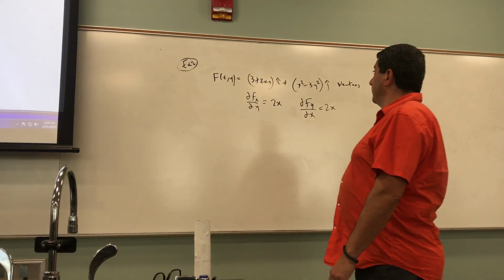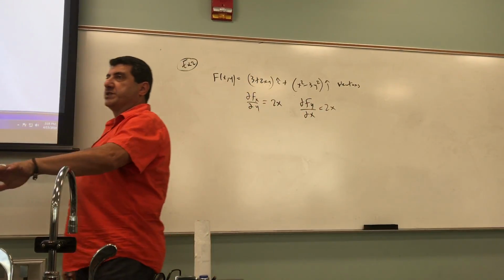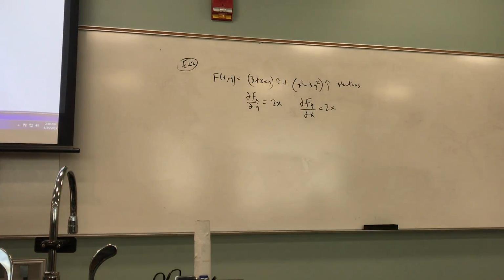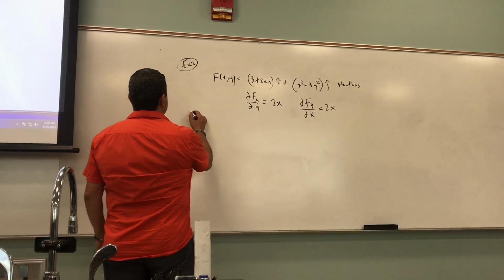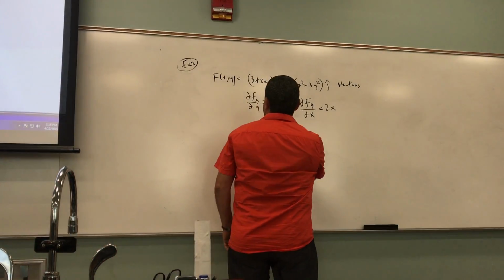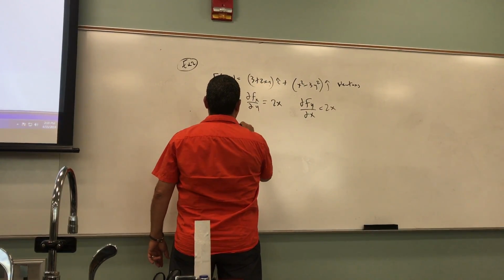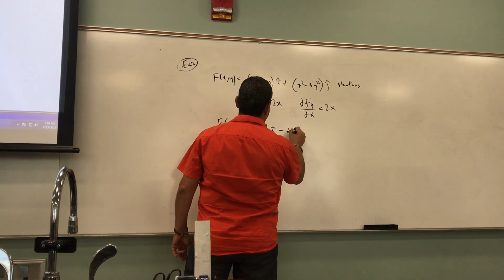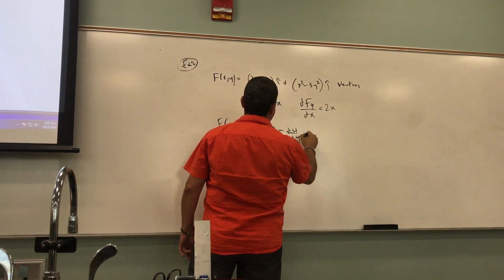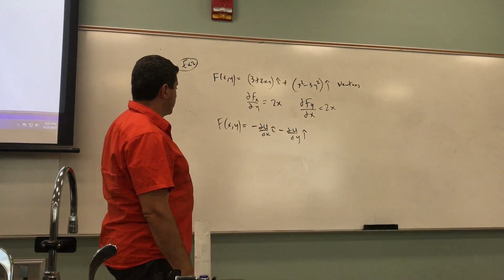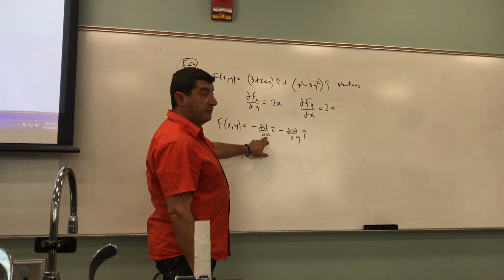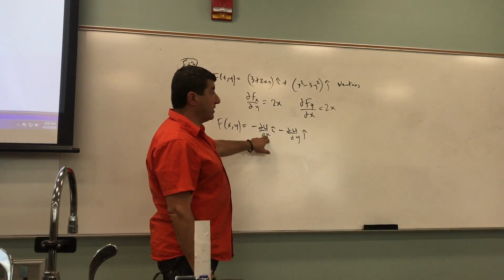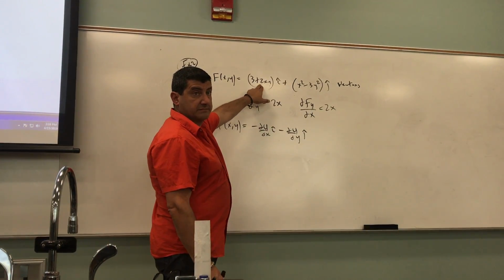If the force is conservative, then what is its associated potential energy? So now we want to find the potential energy. F of xy is equal to negative partial u partial x i hat minus partial u partial y j hat. In other words, we want a function whose derivative with respect to x is equal to this guy.